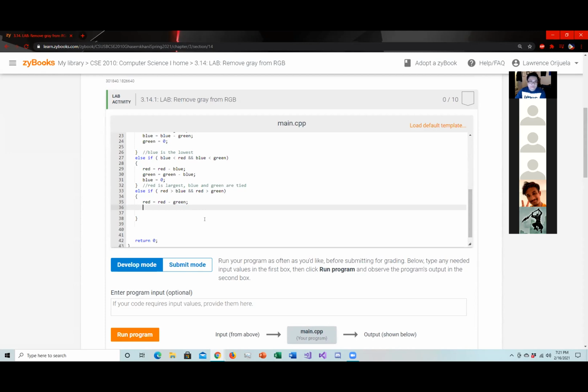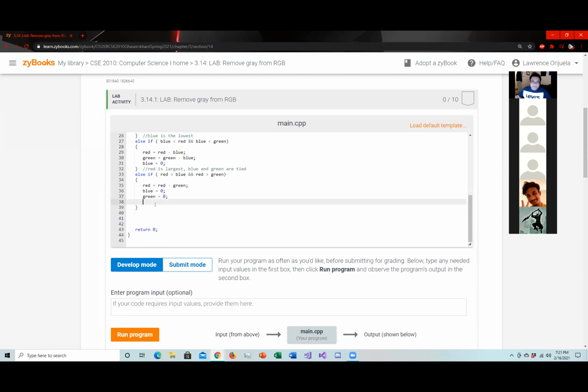And then we would say blue equals 0 and green equals 0, right? Because since they're both tied as the lowest, they would both become 0 after we subtract the lowest, right? Yes. Okay, this is good.